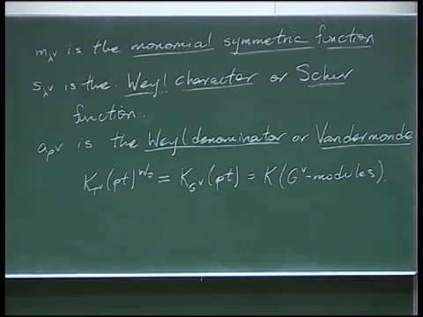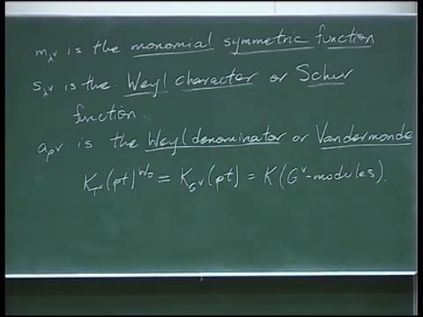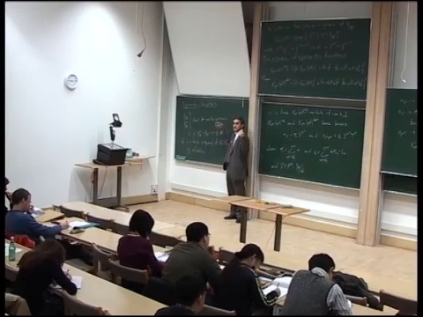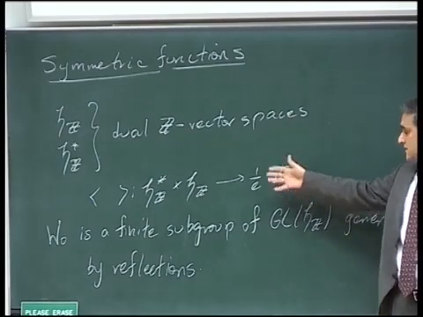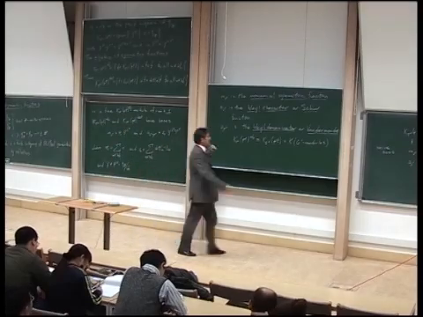So G check is the corresponding algebraic group whose Weyl group is W naught and whose lattice is HZ, if you construct it the way that I did day before yesterday.